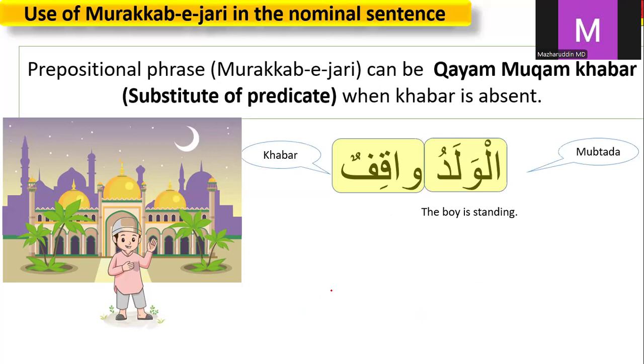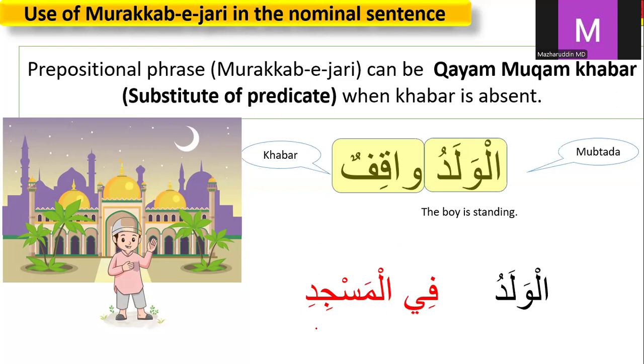So I can write the sentence like this, al-waladu fil masjidi. But now here the actual khabar is dropped. What was that? Waqifun. So in that situation, when khabar is absent, this fil masjid is not khabar.